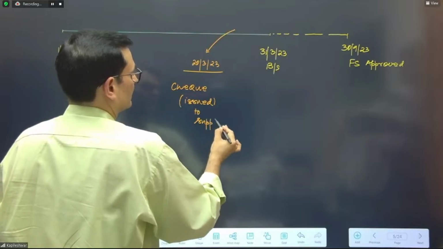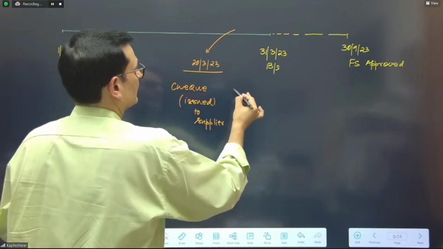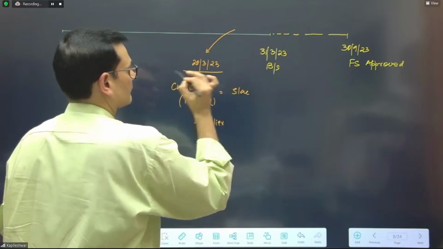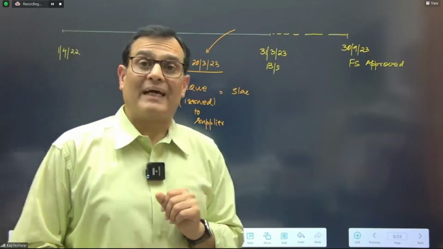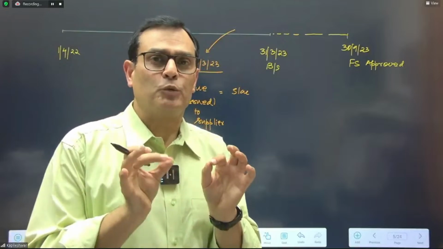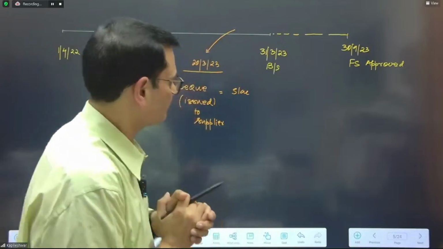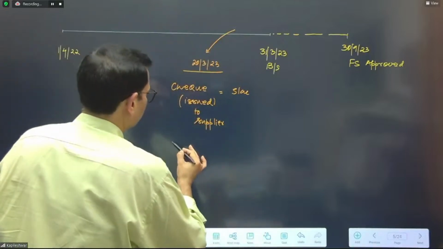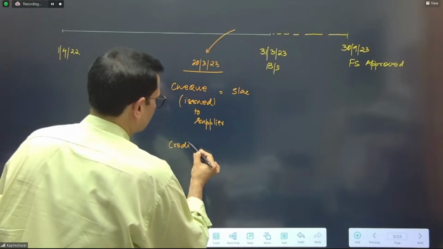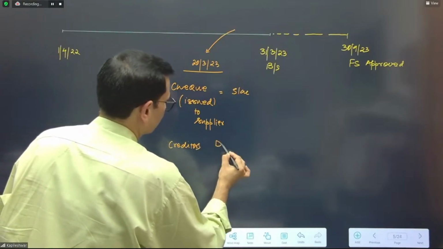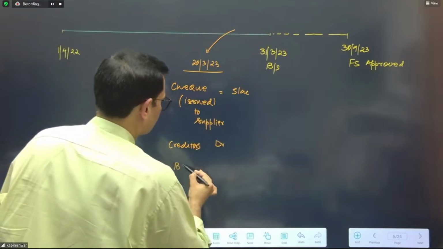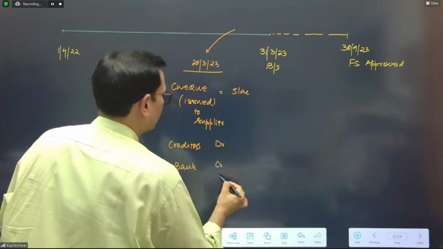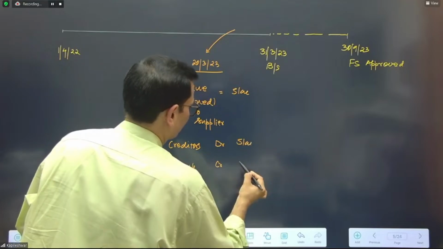So they gave a check to the supplier, let's say to the extent of 5 lakhs. Pre-balance sheet date, the company issued a check to the supplier. So what did they do? They passed the entry: creditors account debit, and bank account was given a credit, and they did this entry with 5 lakhs.